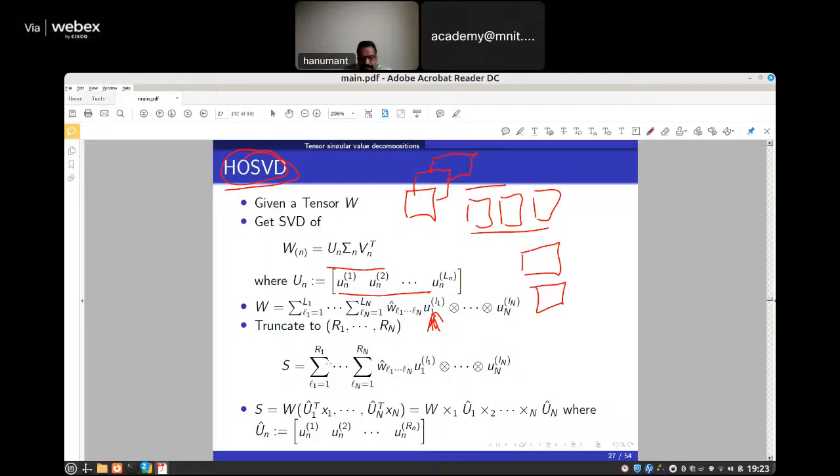Then we can do the truncation, exactly similar to SVD, and get our reduced or compressed tensor. Instead of using all the full ranks, I will use some ranks defined by me. So it is one kind of compression. Higher order SVD is one of the major algorithms.